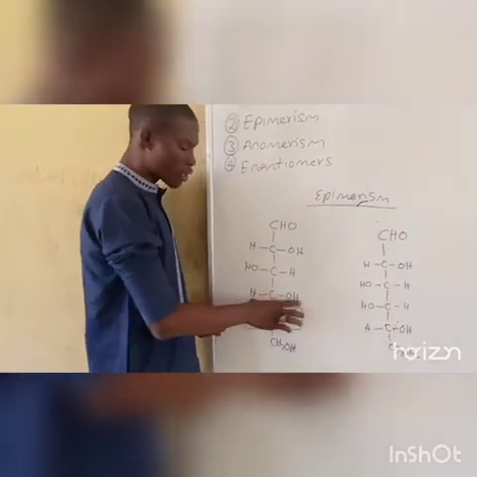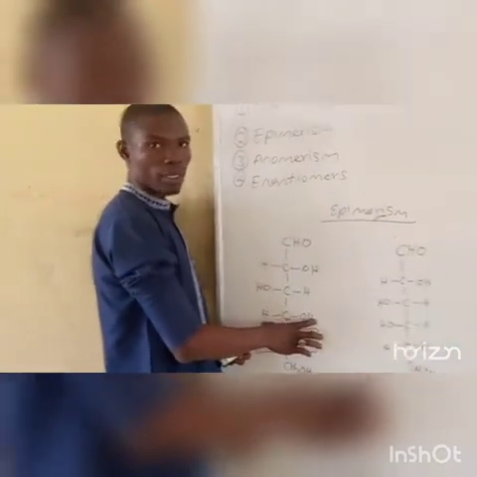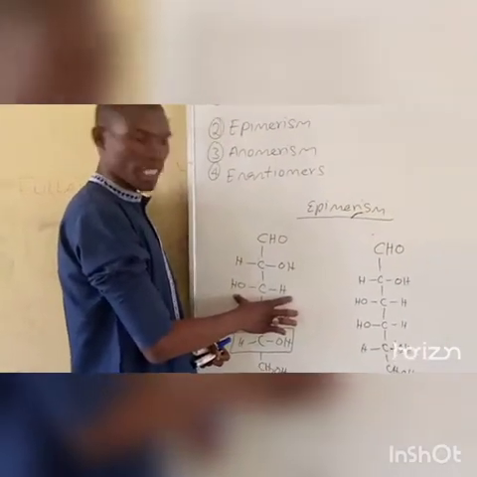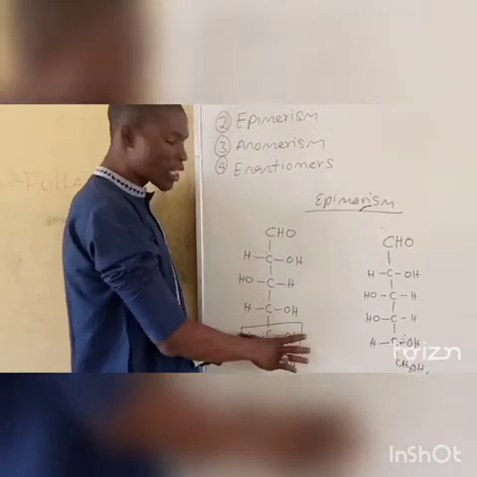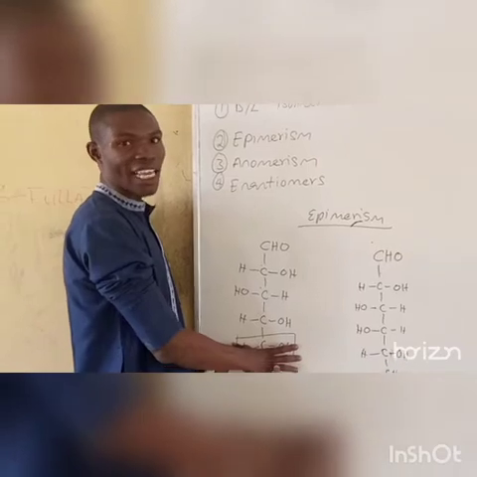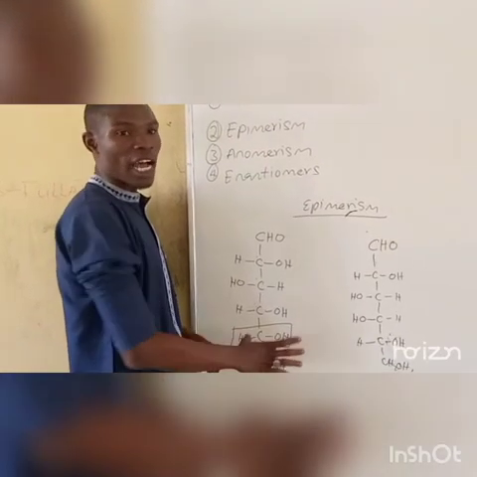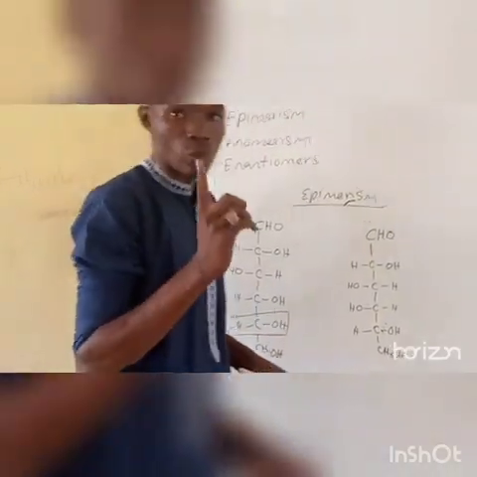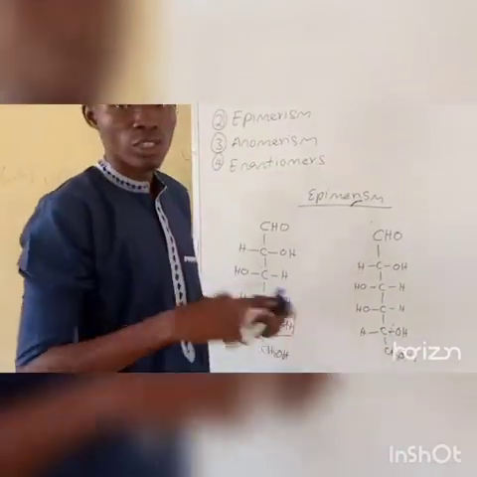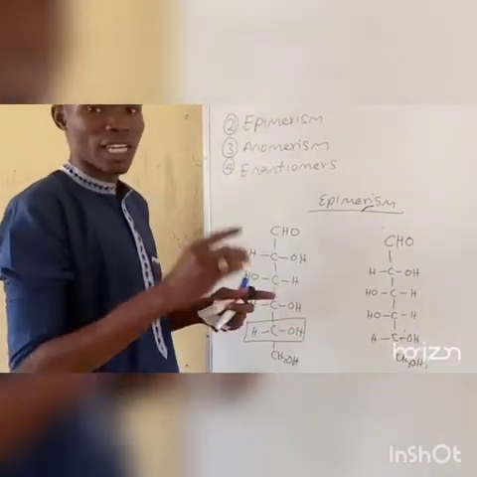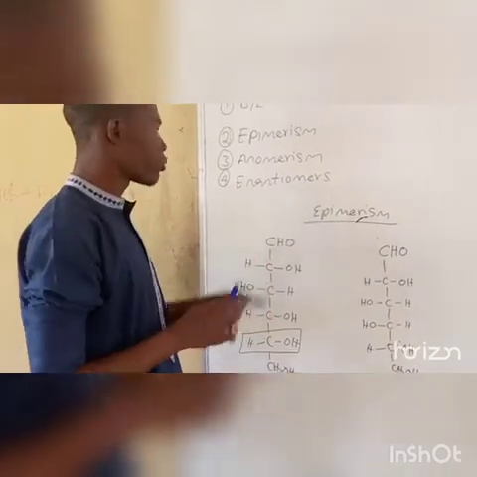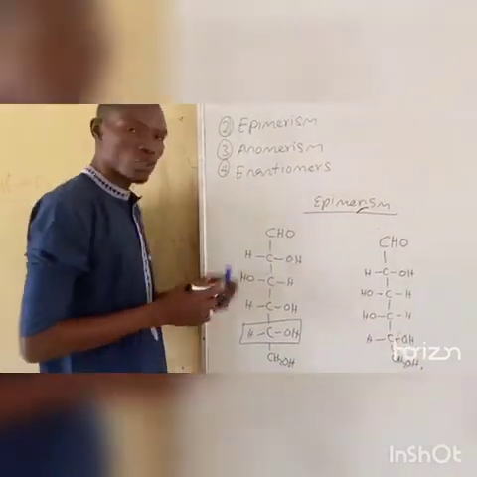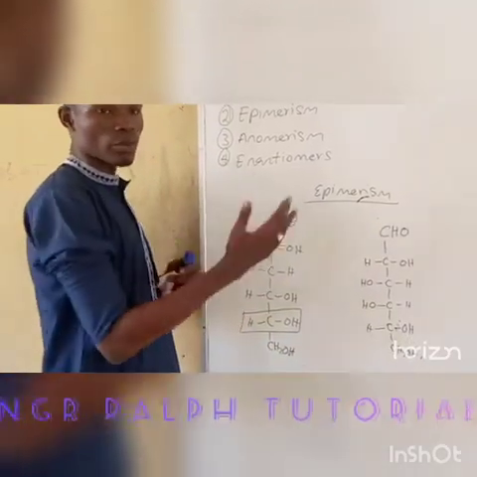When this one is rotated, it is an epimer. When this one is rotated, it is an epimer. When this one is rotated, it is an epimer. But when this one is rotated, it's called D and L isomerism. And in epimerism, only one is rotated at a time. You don't rotate two at a time. Unlike another one called enantiomers, which we are going to come to, where everything will be rotated.